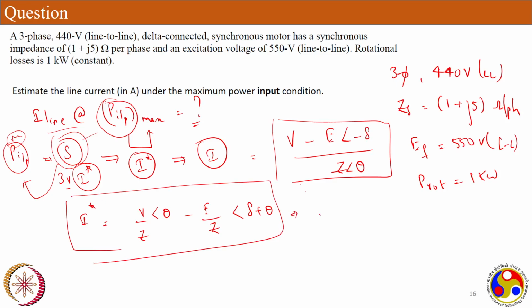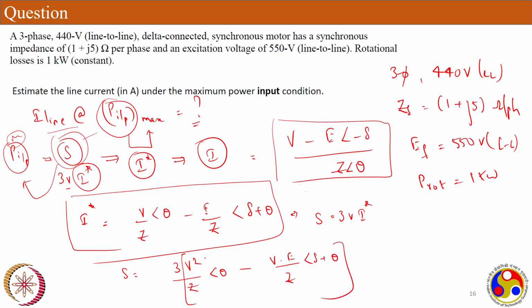So now I will calculate the apparent power, 3 V I star. My apparent power would be 3 V squared by Z at an angle theta, minus V E by Z at an angle delta plus theta, the whole multiplied by 3.